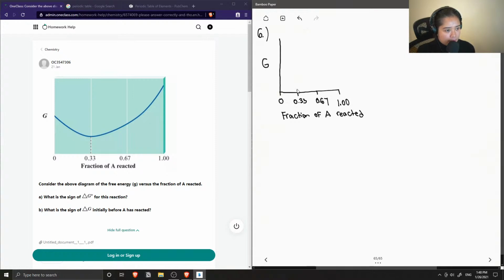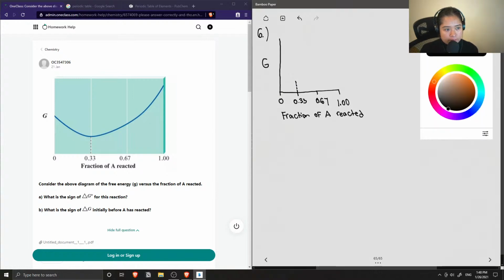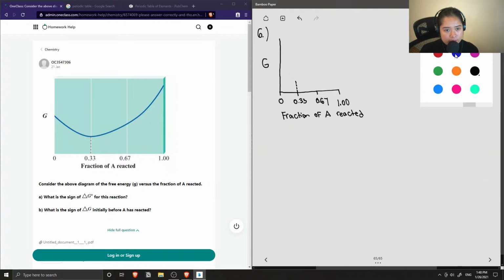And it looks like we have a minima in our graph right at 0.33. I'm just going to roughly sketch this out. It starts off like here, and then a minima, then it just kind of shoots up.